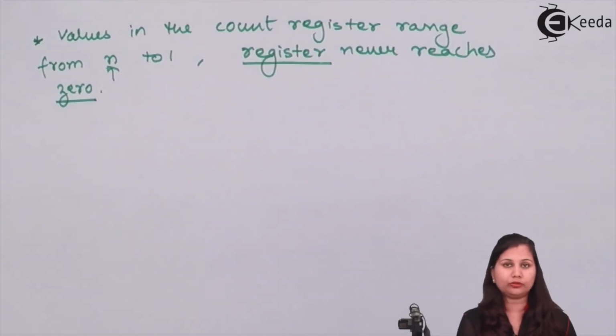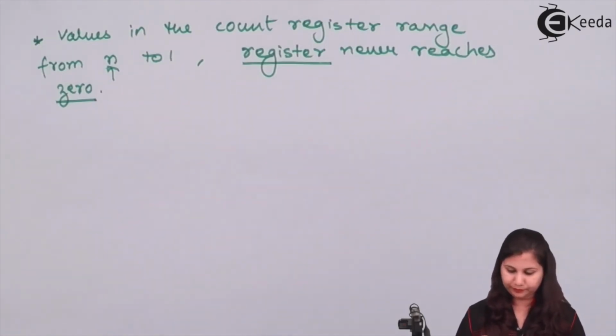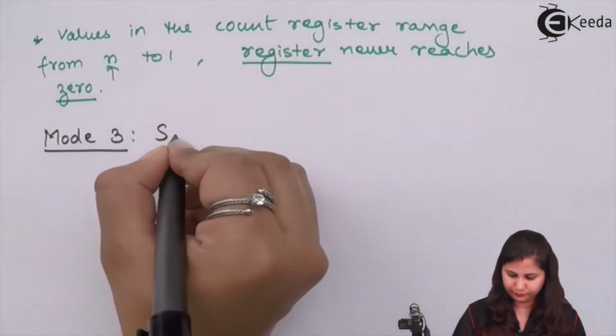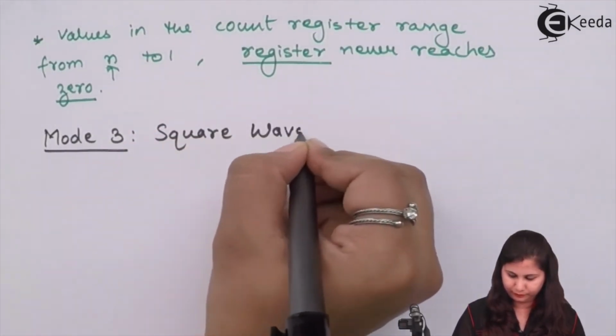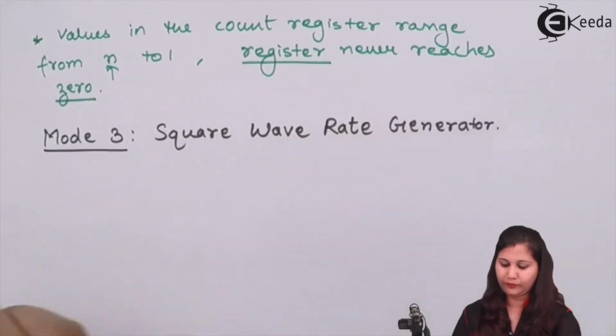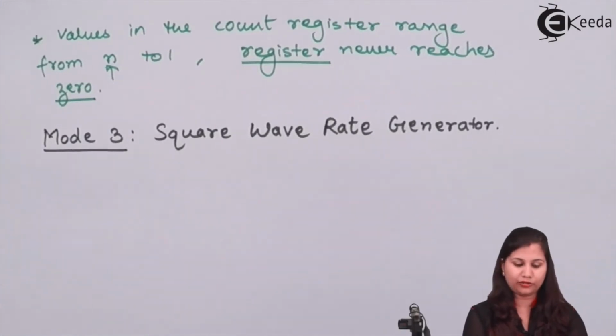So now let's come to mode 3. Mode 3 is known as the square wave rate generator.